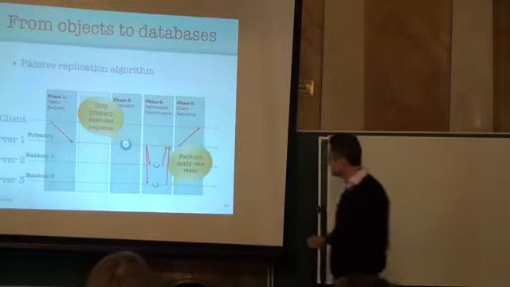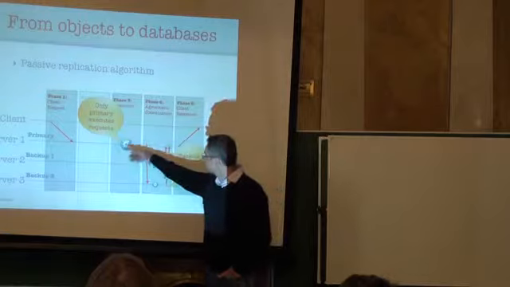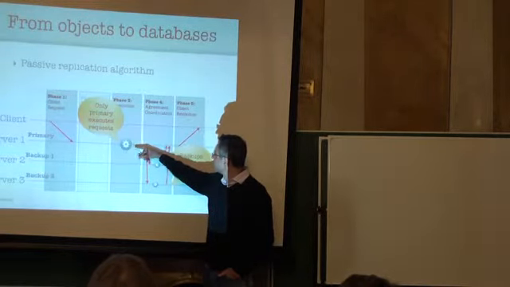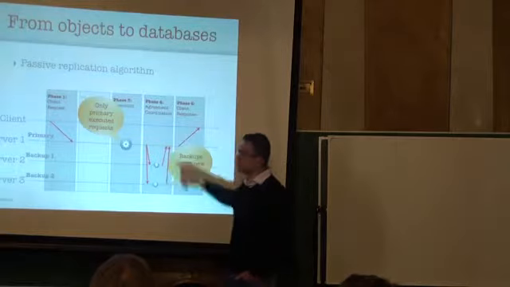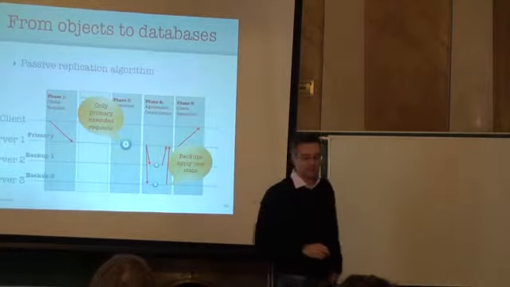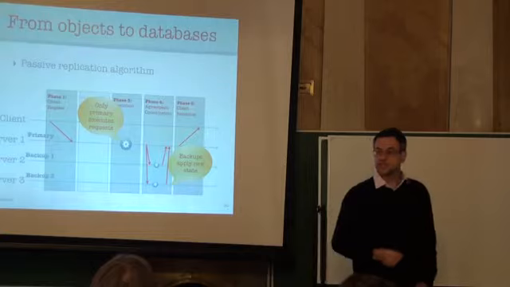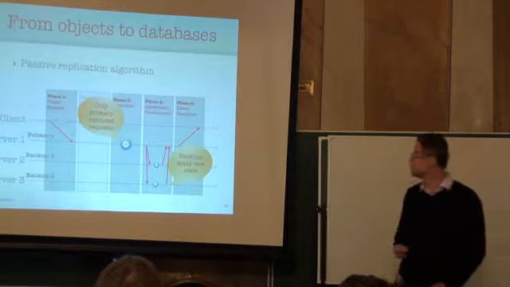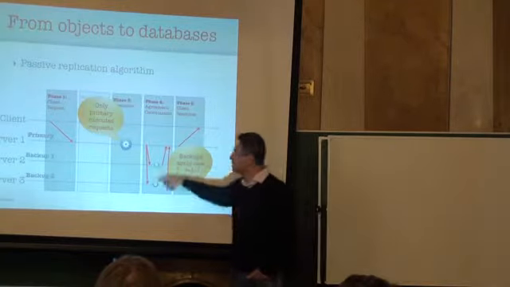So here I'm showing that the primary is executing the request, and then in the agreement coordination, what happens is that the primary sends the results of the computation to the backups. It doesn't necessarily send the command that was executed, but it sends the new state.